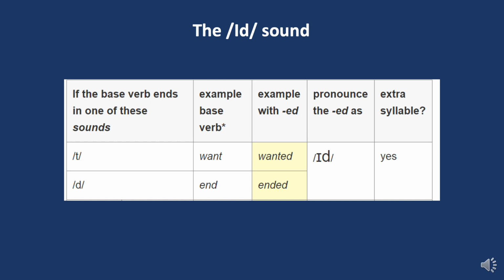Notice it is now two syllables. Another example is the base verb end. When you have the past tense as ended, once again, adding the extra syllable. So, in summary, the id sound is heard at the end if the verb ends in a T sound or a D sound.